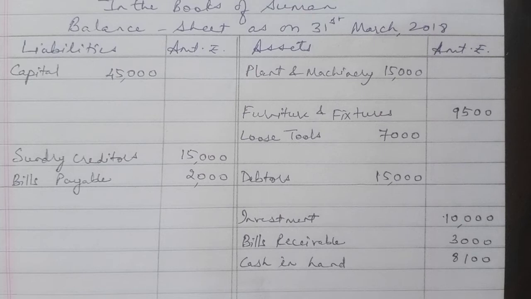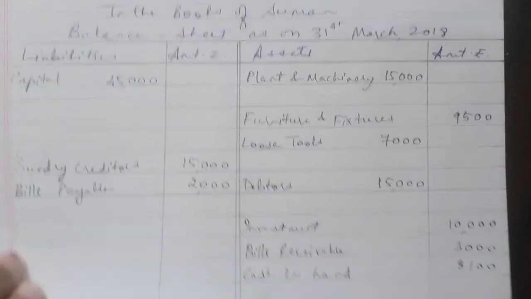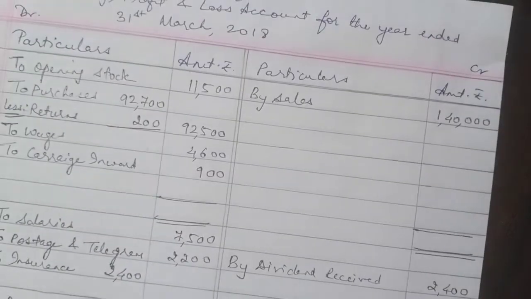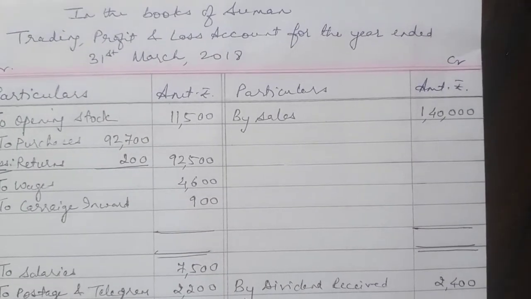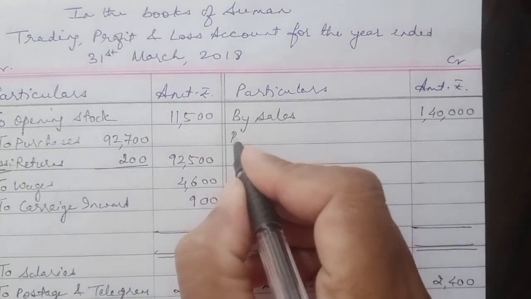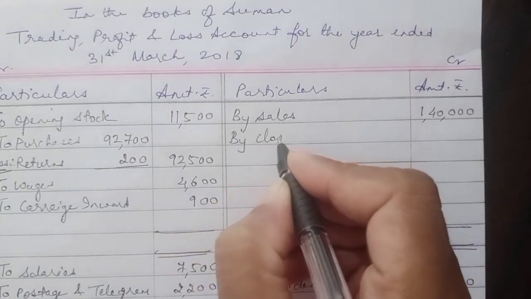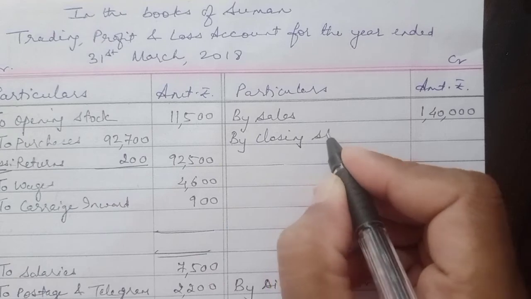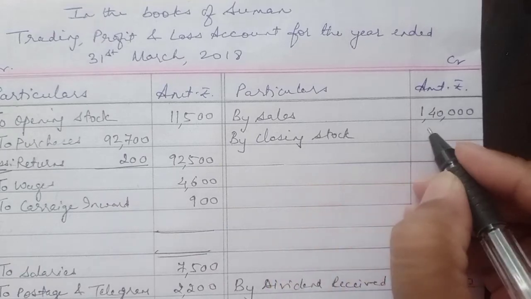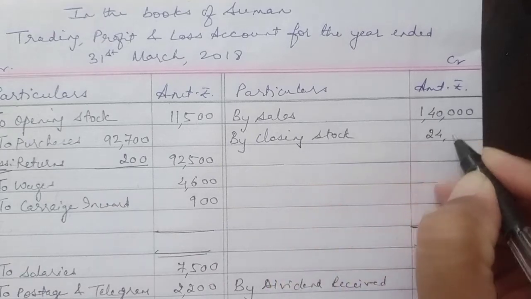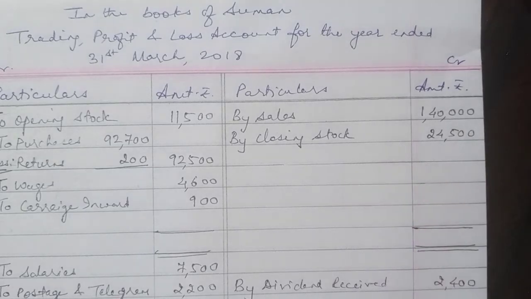Now the first adjustment is related to the closing stock. So it is mentioned that the stock on 31st March 2018 was valued at rupees 24,500. So the first effect of closing stock will be shown on the credit side of trading account. We'll write by closing stock, amount is rupees 24,500.